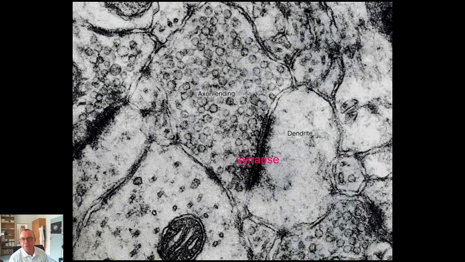Let's not forget the synapses. Mostly in gray matter, there are many synapses between axon and dendrites or axon and bodies of neurons, or there can also be axo-axonal synapses. Look at the part about synapses in your textbook.